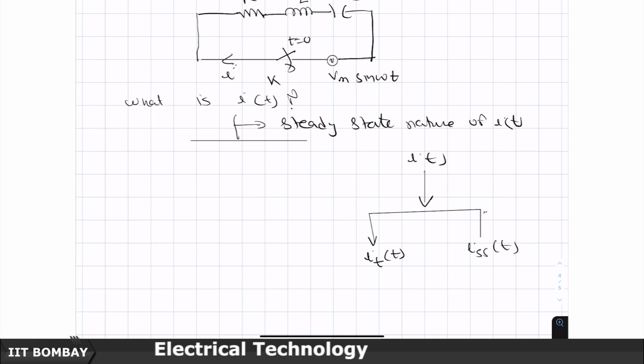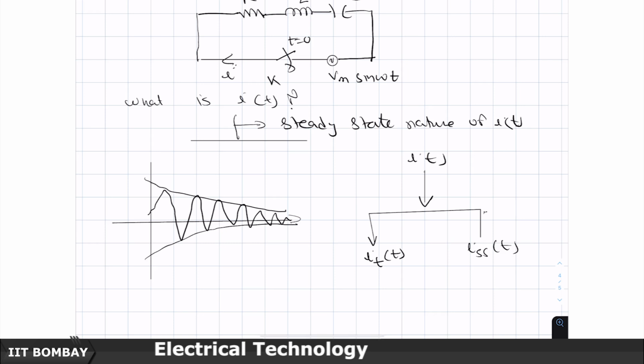Now, a transient response I am not interested in going into right now, but with a second order RLC circuit like this it would appear, not very symmetric, but it will be symmetric like this.